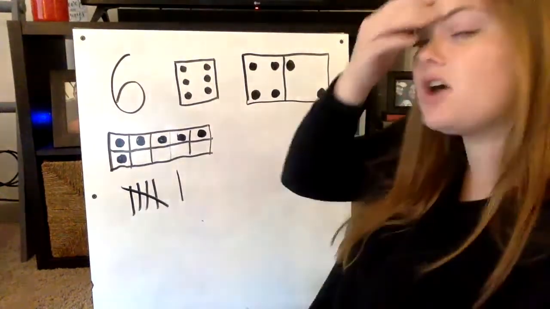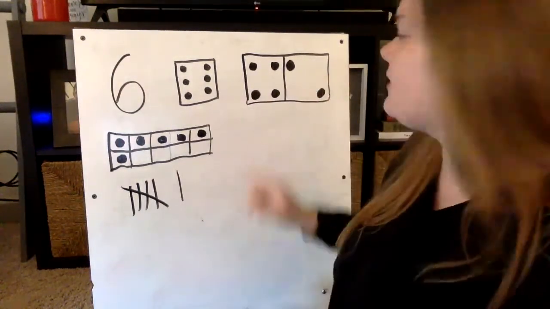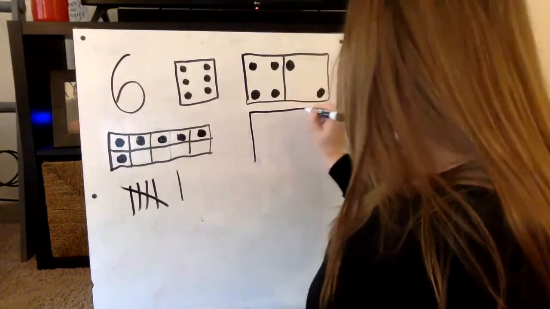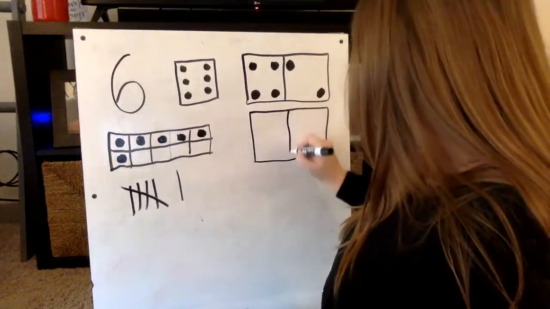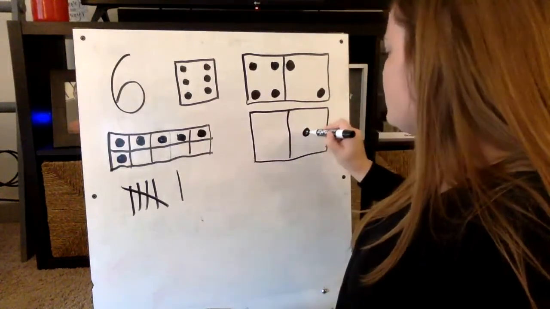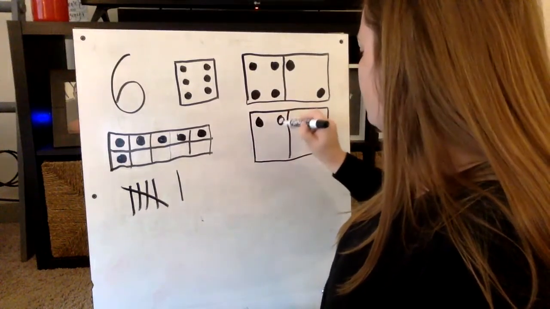That makes 6 dots. But if you wanted to, you could put 1 dot in this square and 5 dots in this square, right? Let's make another one with the same ones, right? If I wanted to, I could put 1 dot in this square, and I could put 5 dots in this square.